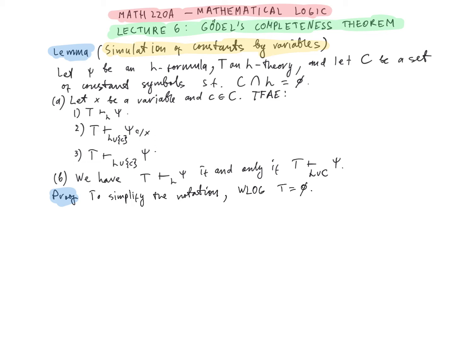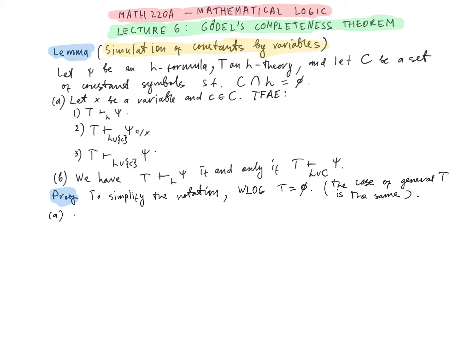So this will allow us not to write T every time, but the general proof, in the case of a general theory T, is identical. So the case of general T is the same verbatim. So let's begin by proving part A.